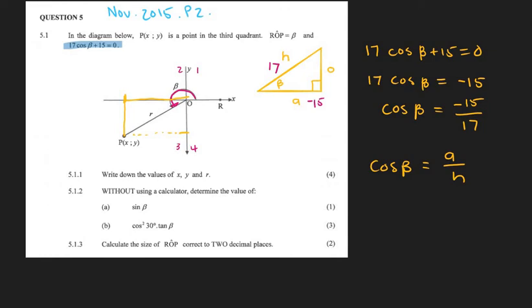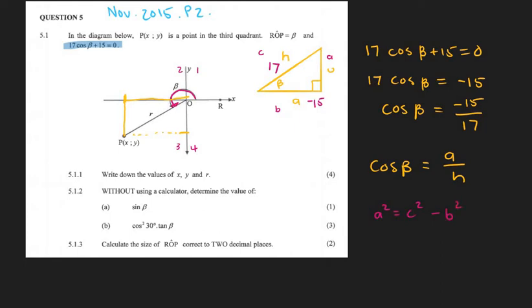Alright, so let's quickly work out opposite, which means if I write it in the way of Pythagoras, opposite squared is going to be my hypotenuse squared minus my adjacent squared. Maybe I should write it in another way. If this is A and that is B and that is C, I want A. So A squared is going to be C squared minus B squared.